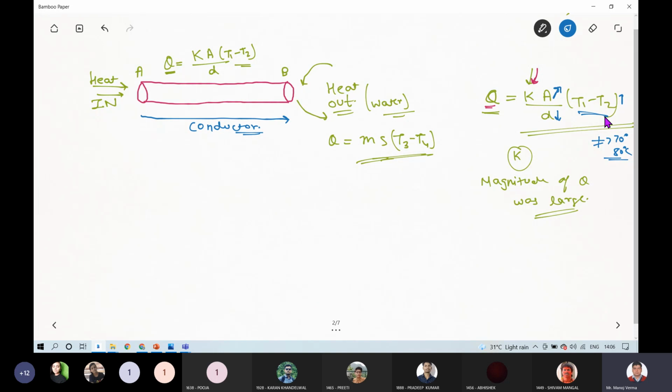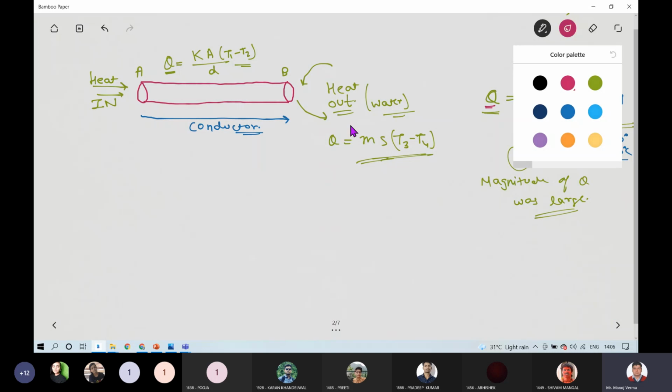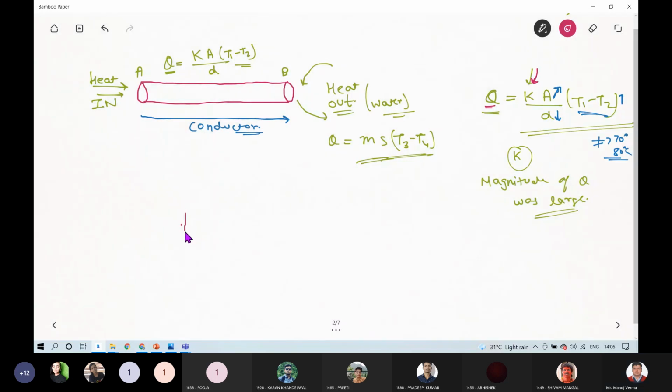So yes, what are the changes which we have to do in this Searle's experiment? Now instead of this morphology of sample, we will be using a sheet, a cardboard sheet like this one, whose thickness, let's say, is around 2 millimeter only, but its area of cross section is very large.